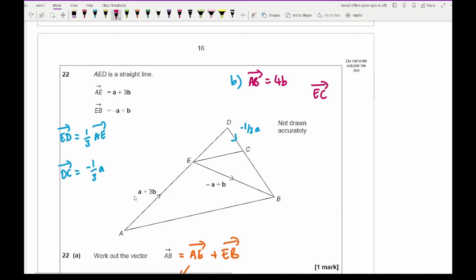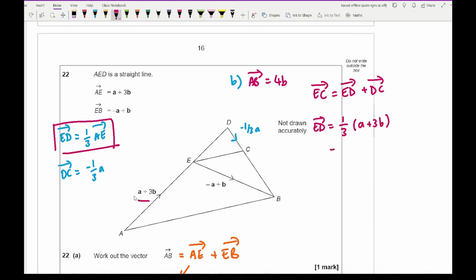Now to get from E to C, what I'm going to do is go from E to D and then D to C. So I need to work out what E to D is. Using this, I know that that's a third of A to E. Now A to E is a plus 3b, so it's going to be a third of (a plus 3b).